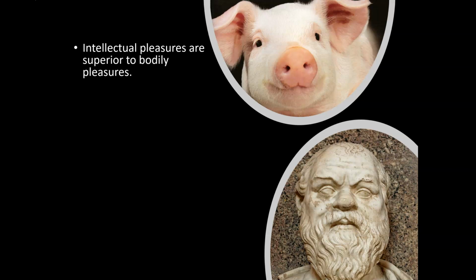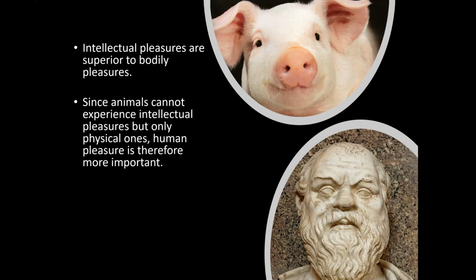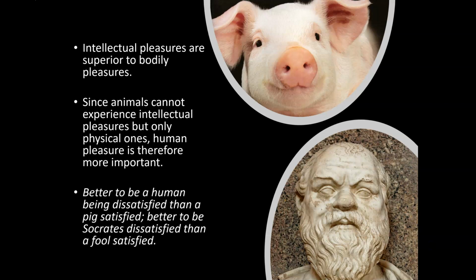Sex, food, etc., right? Obviously, animals are only capable, and this is what we think, of bodily pleasures, whereas humans are capable of intellectual and bodily pleasures. And to Mill, intellectual pleasures are superior. So, since the animals can't experience those intellectual pleasures, human pleasure is more important.